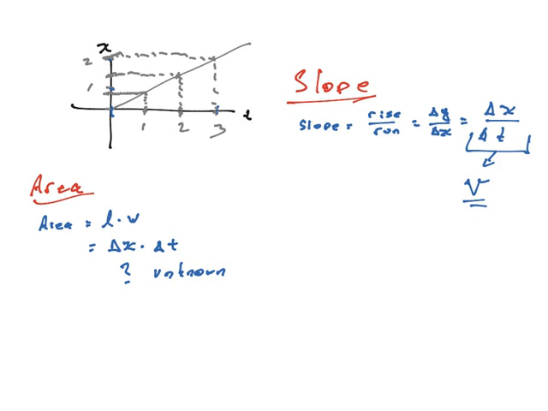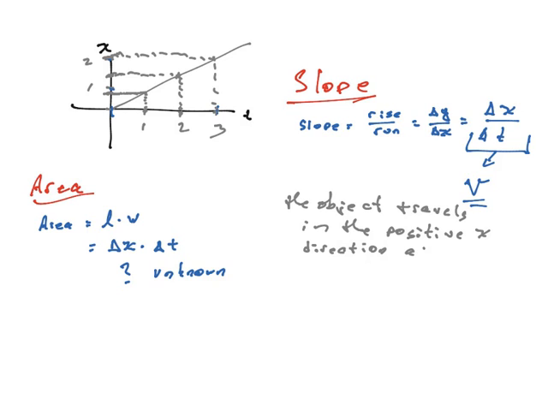So that says the object travels in the positive x direction at constant velocity. How do I know it's constant velocity?